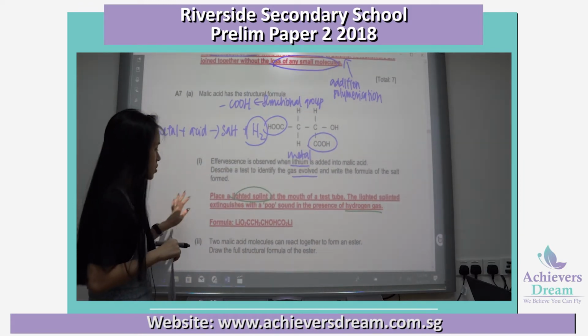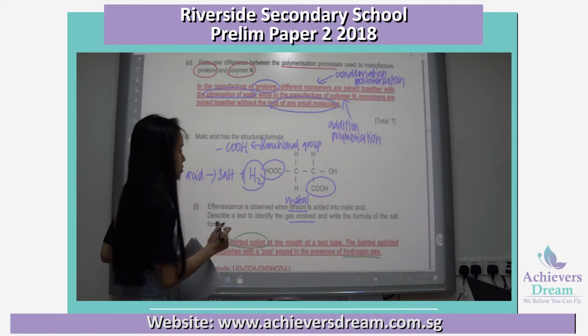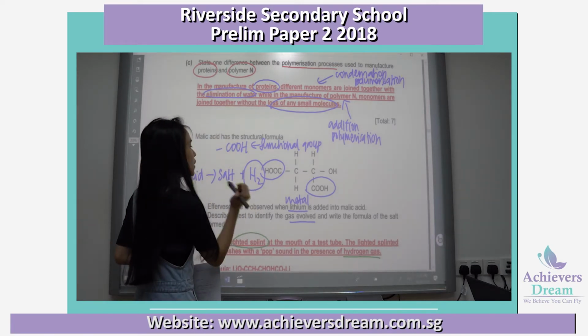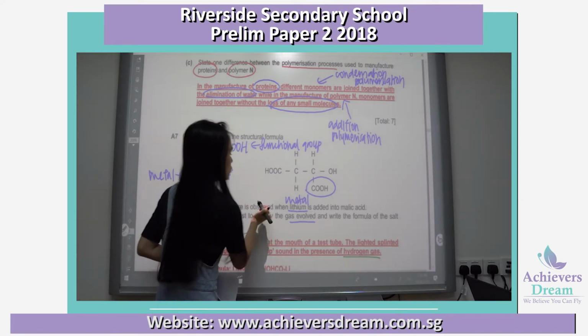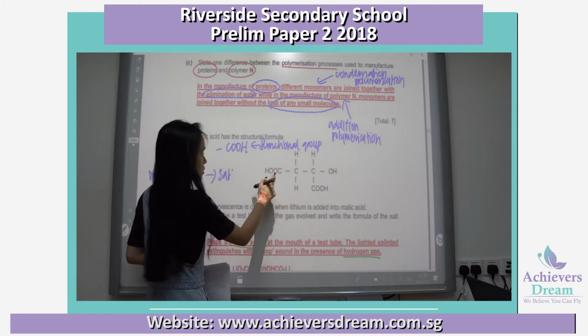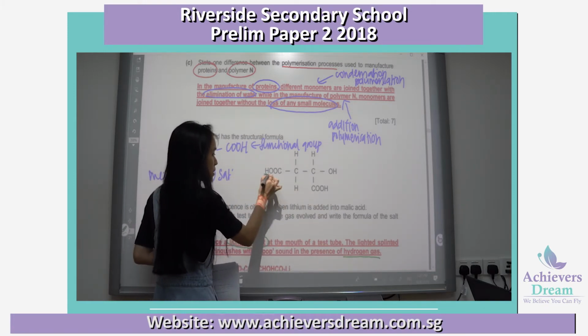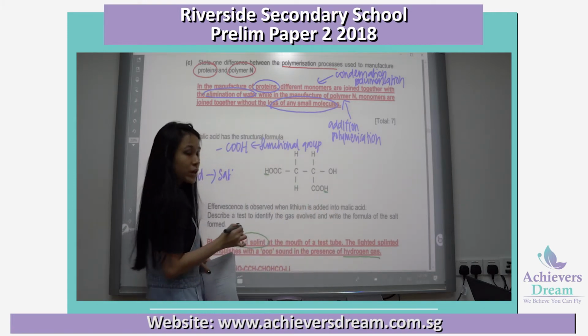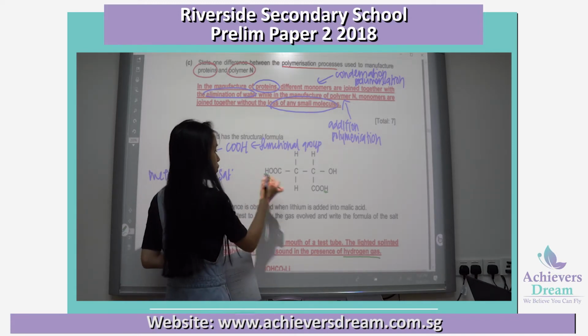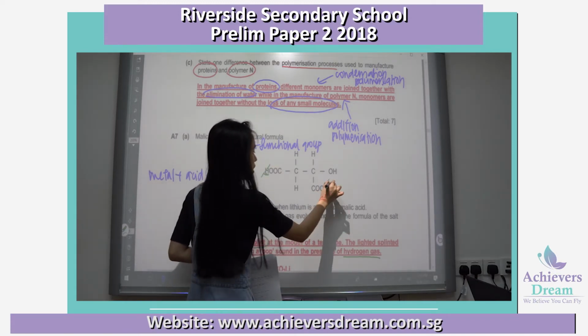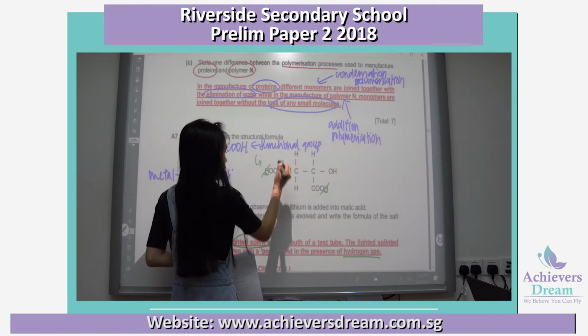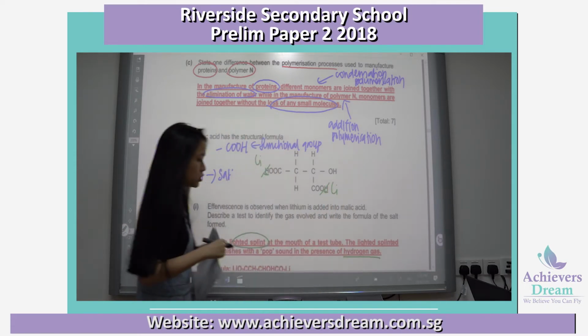So what is the salt that is formed at the end? Remember in our acids, what happens to our functional group? It is your COOH, right? What happens to the H here? The H will get dissociated, correct? So your H will be eliminated and lithium will be attached in its place.